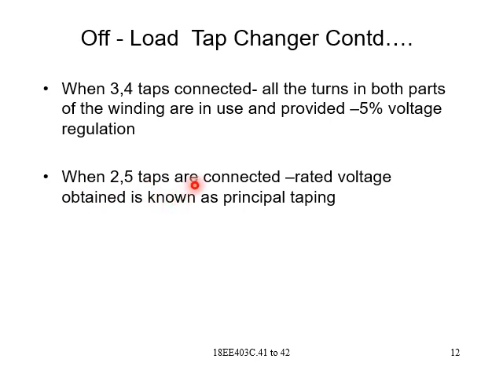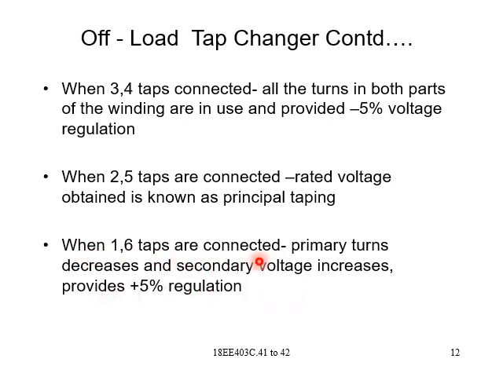When 2 and 5 taps are connected, the rated voltage is obtained, known as the principal tapping. As we have seen, if the rated voltage is obtained at that particular tapping, then that tapping is called the principal tapping.